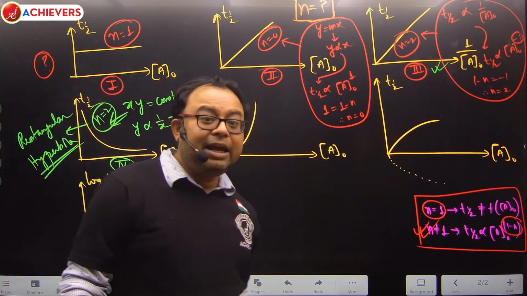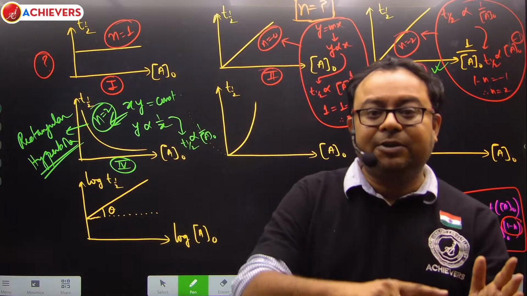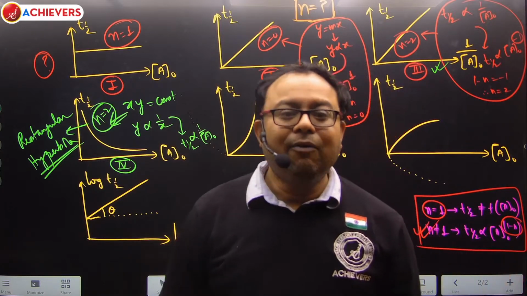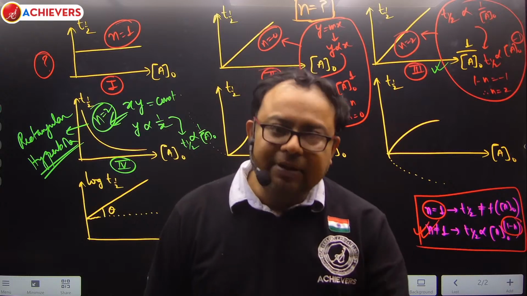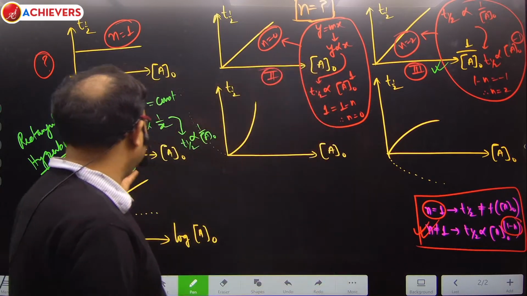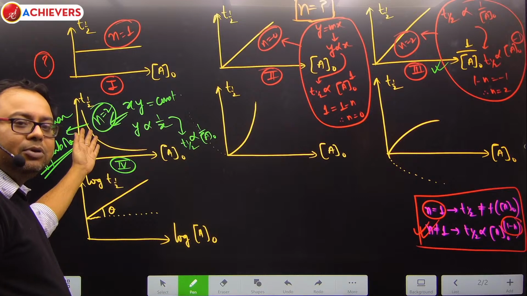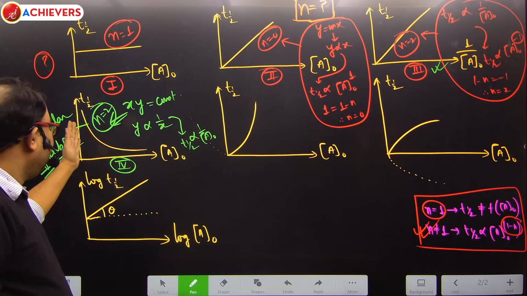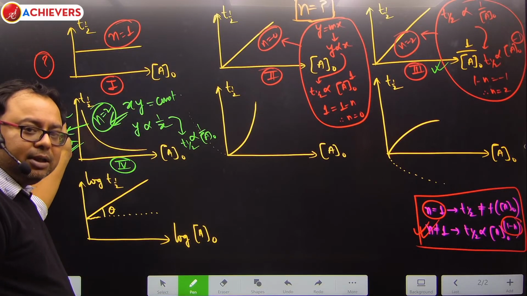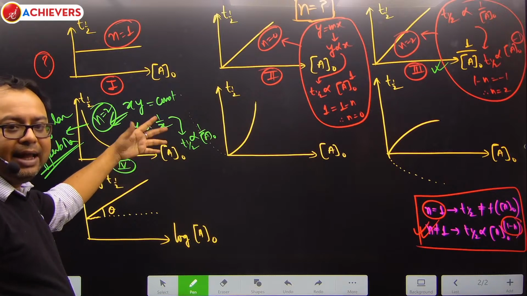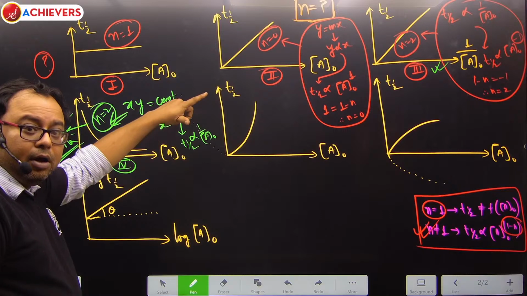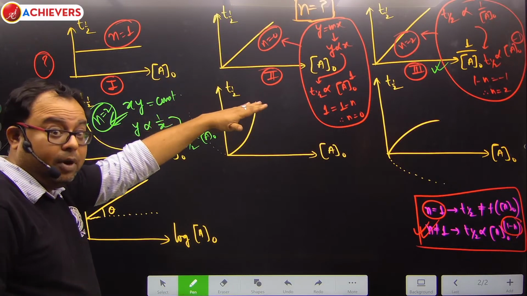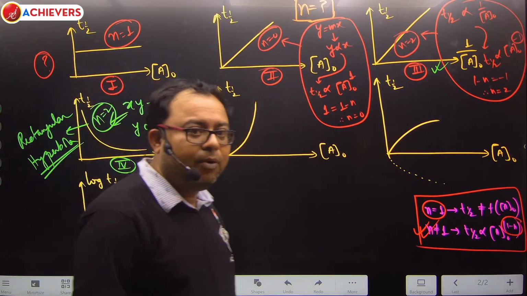On the contrary, if we plot T half with respect to A naught, then we will obtain a rectangular hyperbola. So both these plots represent the second order process. The y-axis remains the same, T half, just the x-axis is different for plots 3 and 4.